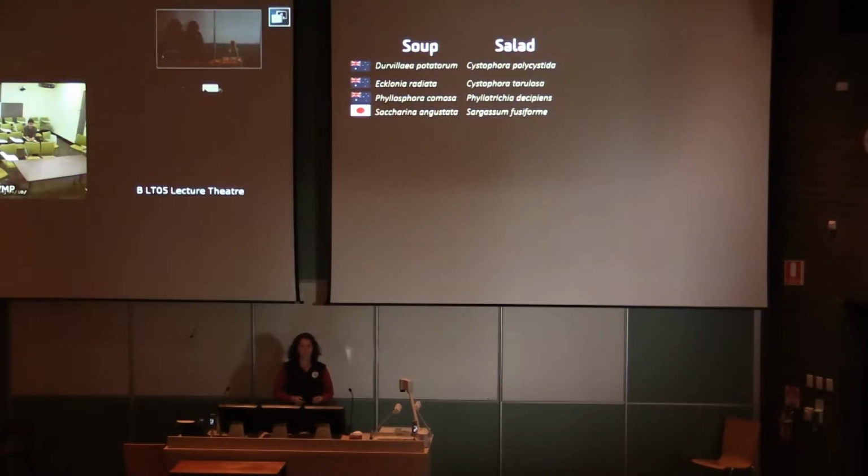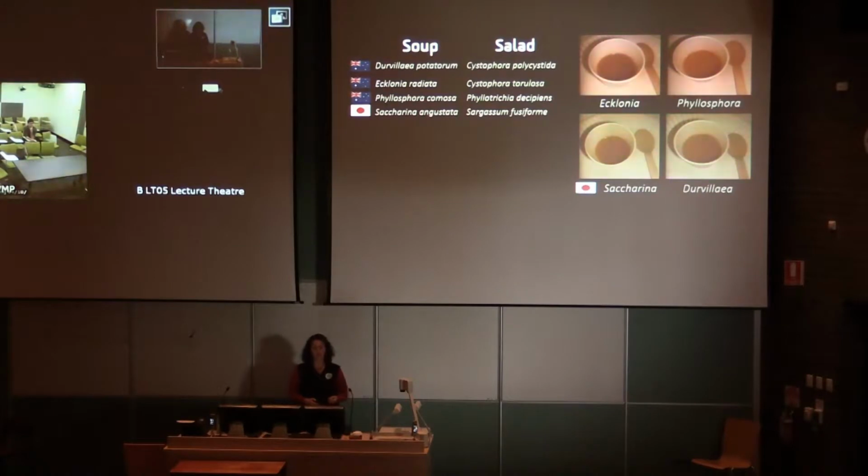So for our taste test, we had 3 Australian species and 1 Japanese species for each of the dish styles. And so for the soups, as I said, we stripped out the additional ingredients and just had the basic stock and the addition of the miso.